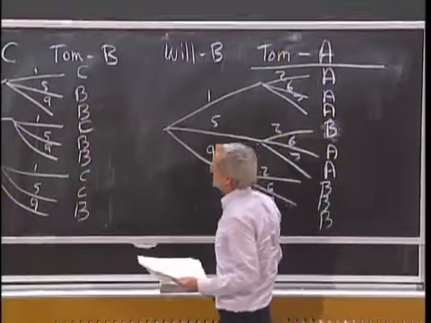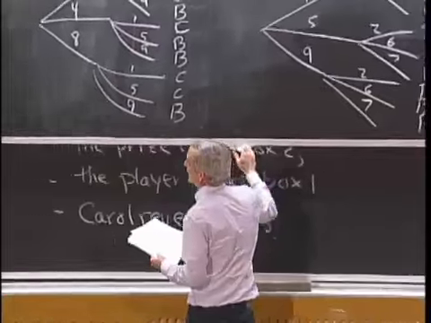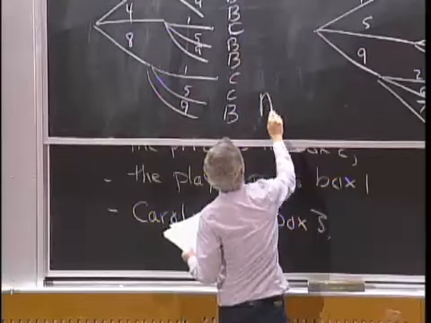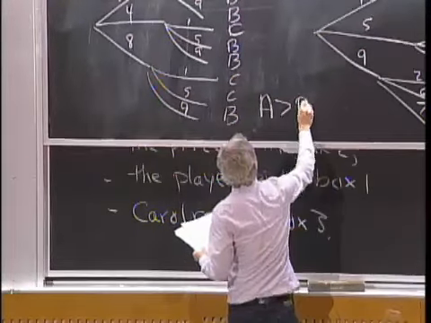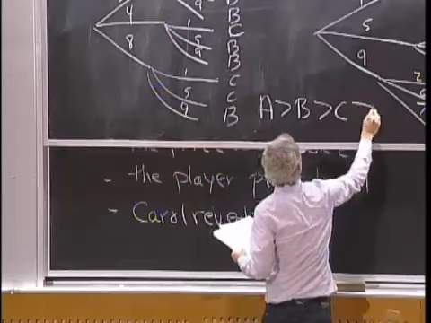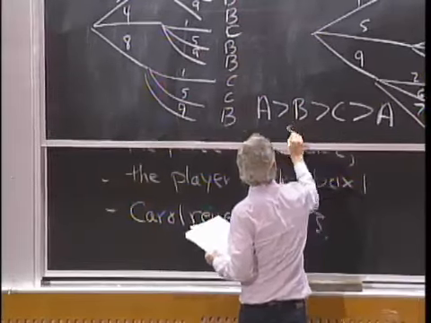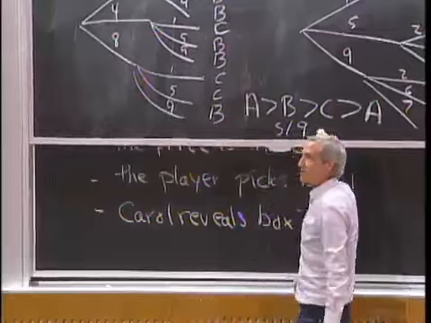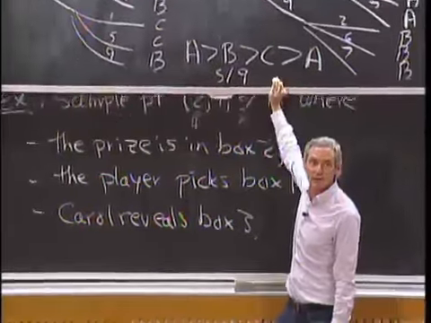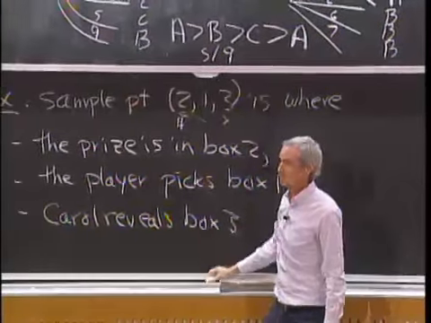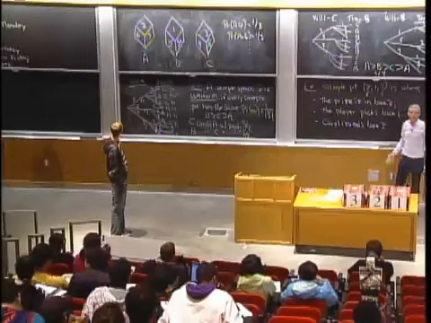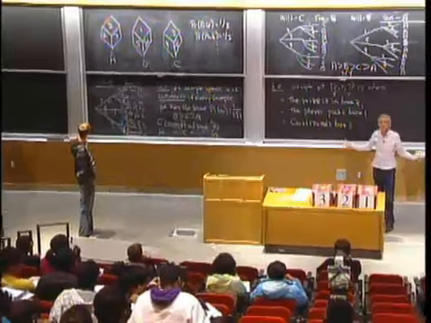So how is this possible? We've got A beats B, B beats C, C beats A, all 5/9. How is that possible? Did we make a mistake? Well, why isn't it possible?